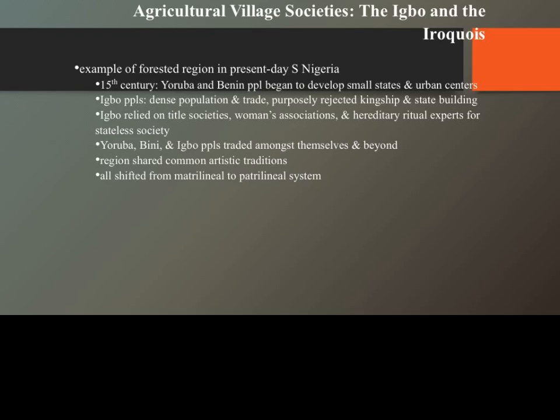They relied on title societies, women's associations, and hereditary ritual experts to create a stateless society. So the Igbo had no king, but they did have trade. Now, the West African Igbo did not have kings or a state like their neighbors, but they did engage in trade with nearby kingdoms.